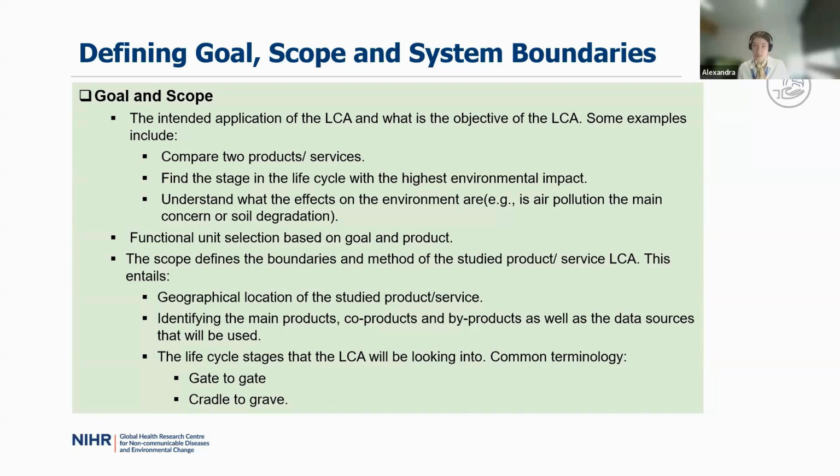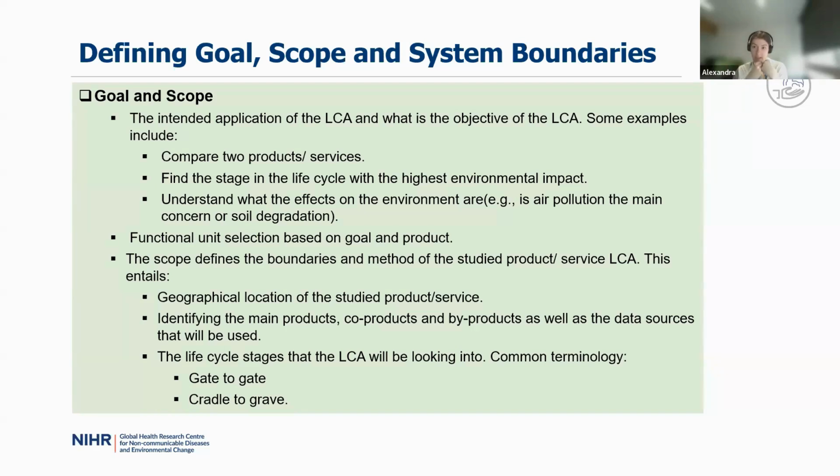Identifying the main products. So the product is what we're going to be focusing on. The co-products, I will explain later on, and byproducts that may occur, as well as the data sources that we're going to be using throughout to collect the data for the life cycle inventory.